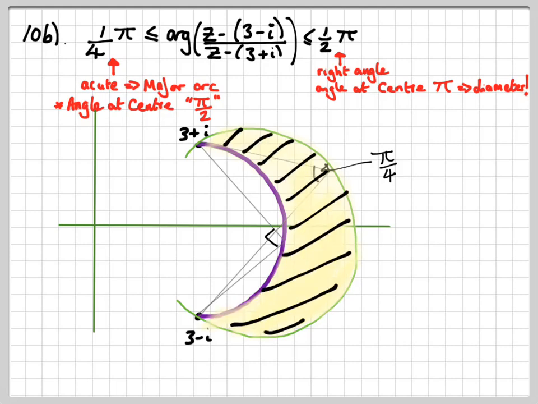And if you were to draw a test point in there, and again draw the line segments into that test point from 3 plus i and 3 minus i, then what you would observe is that the angle made would be between pi over 4 and indeed pi over 2. And that's all there is to it. So there's our desired region this time.